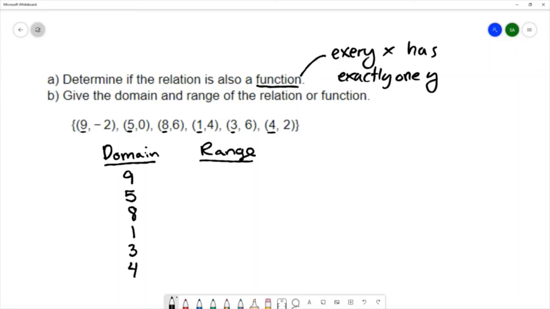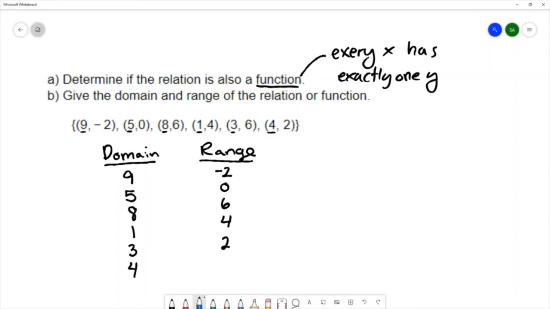For the range, we have values of -2, 0, 6, 4, 6. Since that 6 repeated, we're not writing it again. And then 2. And then we would draw connections between these values for every ordered pair that we have.